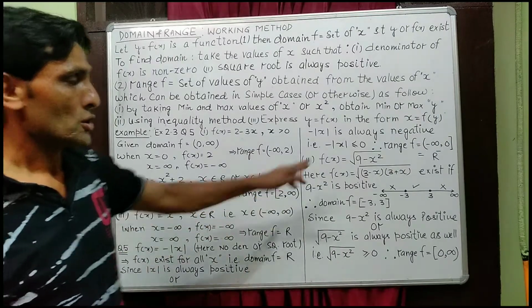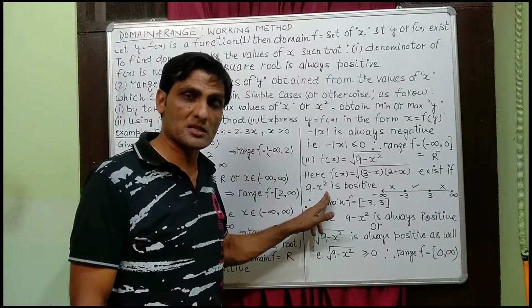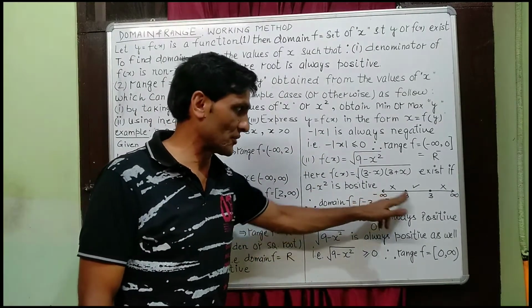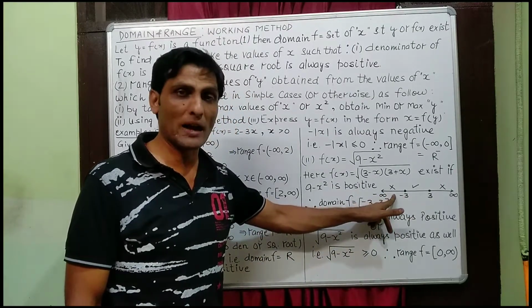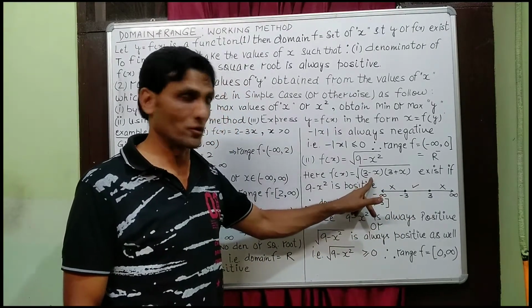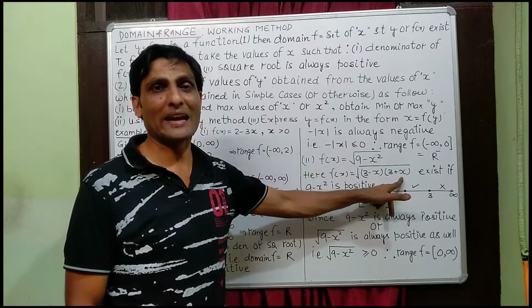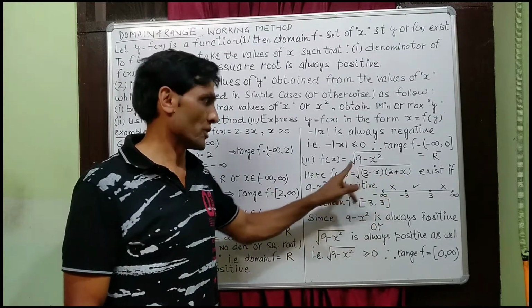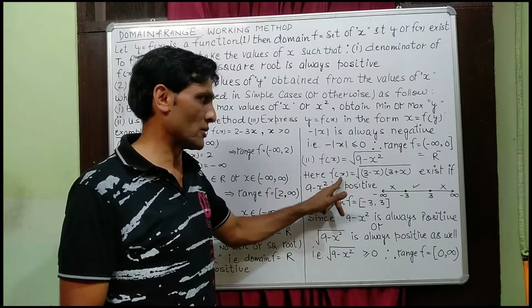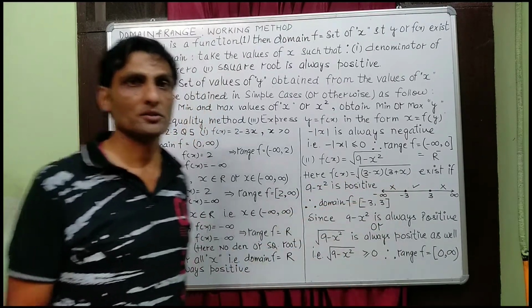Suppose you want to check the sign from minus infinity to minus 3. Then take one value, minus 4. Here it will be positive and negative, so the product will be negative. So here the square root is of a negative number and the value of the function does not exist.